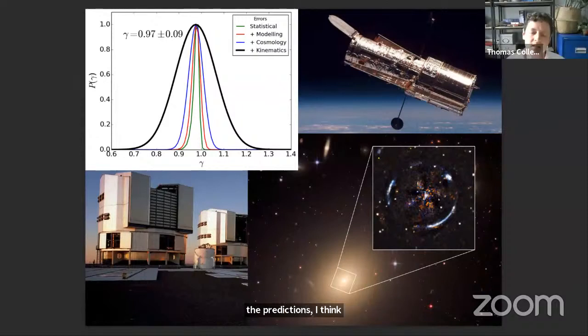I think not surprised particularly. I think my expectation is that general relativity is probably the right theory of gravity on cosmological scales as well.